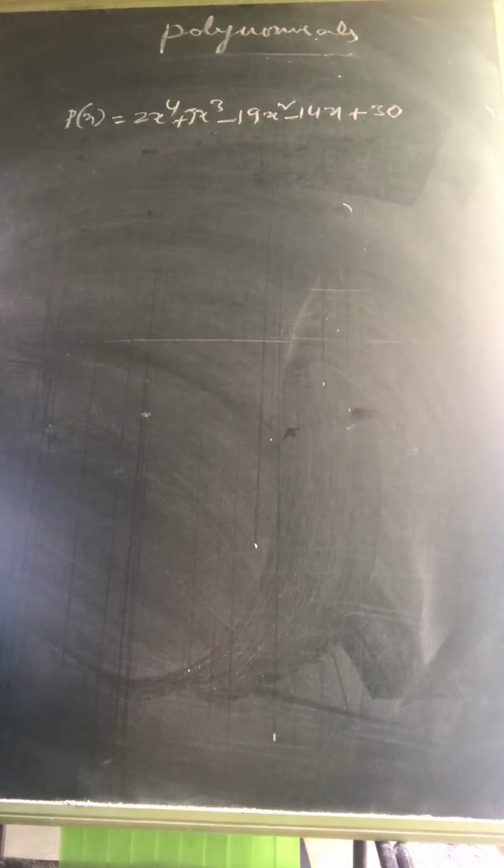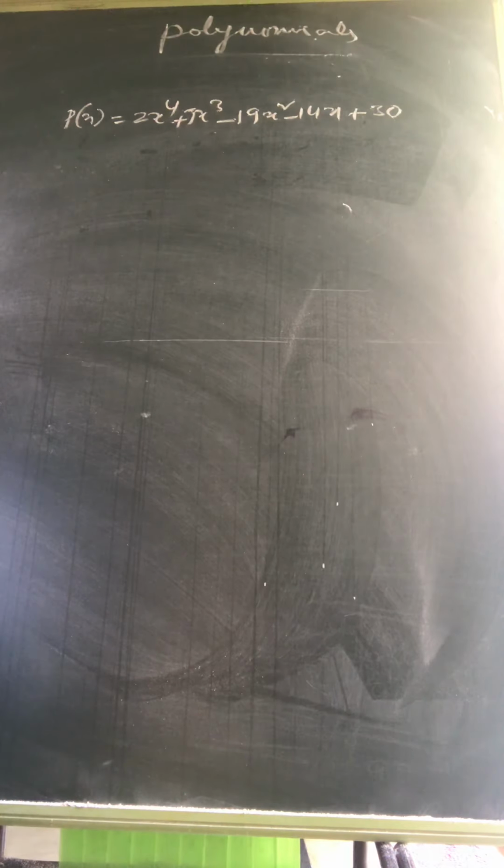Please check it again: 2x to the power of 4 plus 7x cube minus 19x square minus 14x plus 30.